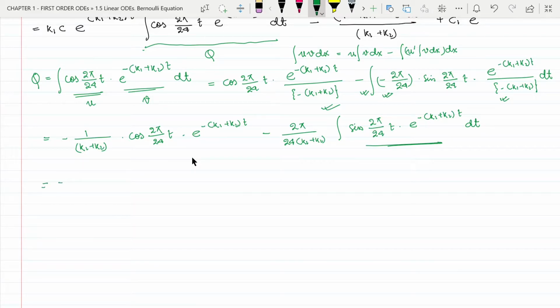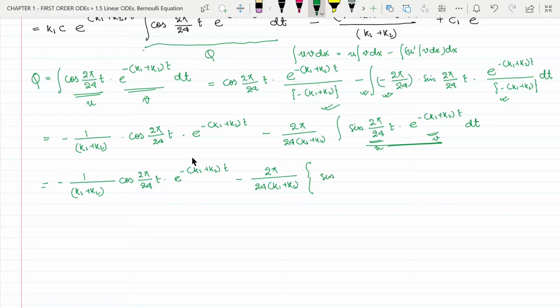So this is equal to minus 1 by (k1 plus k2) cos 2 pi by 24t e to the power minus (k1 plus k2)t minus 2 pi by 24 (k1 plus k2) multiplied by, let us take this first term as u, second term as v, and use integration by parts rule again.